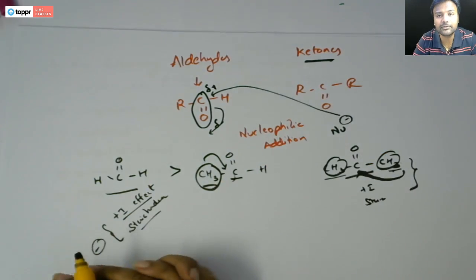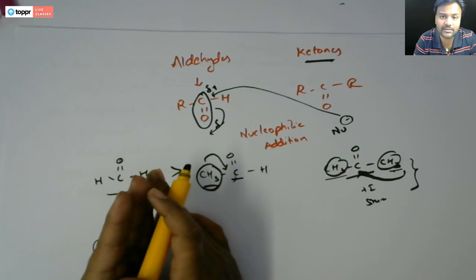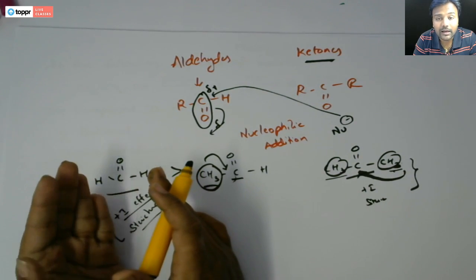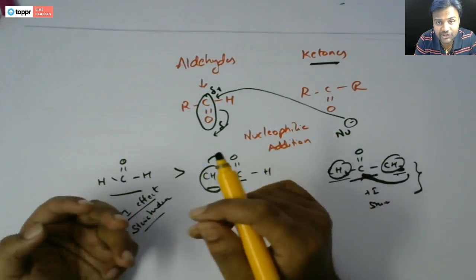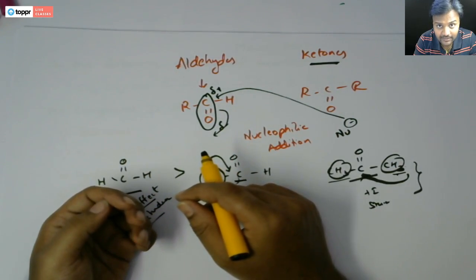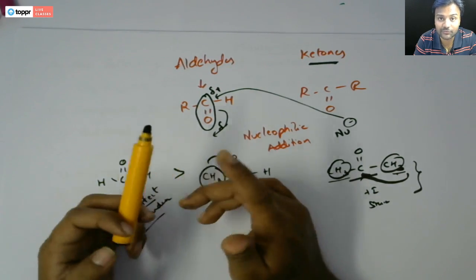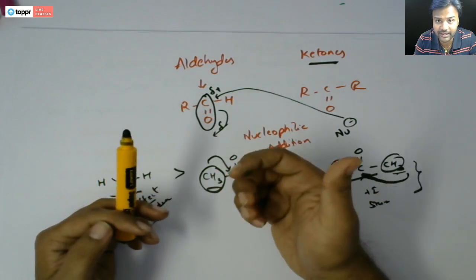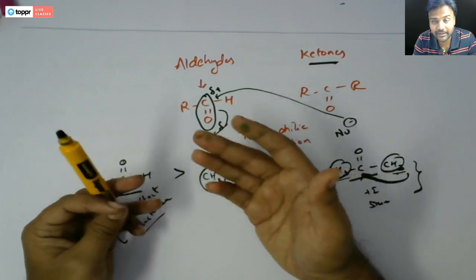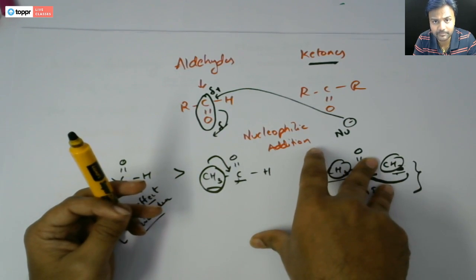So what you need to learn in this chapter is the characteristic reactions of aldehydes and ketones, the named reactions, oxidation and reduction reactions, as well as the chemical tests: Schiff's reagent, 2,4-DNP, ammoniacal silver nitrate solution that is Tollens' reagent, Fehling's test, Benedict's test. There are a lot of chemical tests you have to learn.